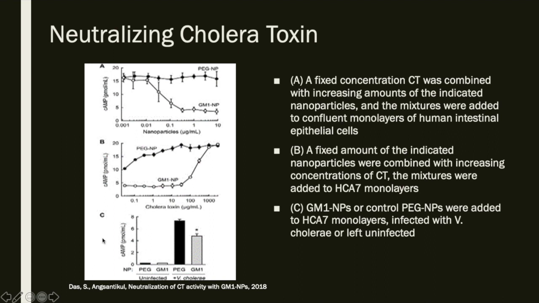In the third graph, graph C, you can see that they measured the amount of cAMP in an uninfected sample compared to an infected sample. In the uninfected sample, there was no cAMP produced, but in the infected sample, the PEG produced a lot of cAMP, while the GM1, although producing some cAMP, produced a lot less than the control.